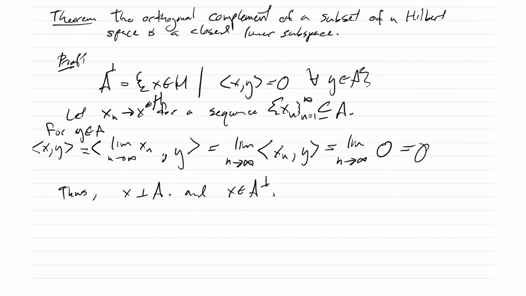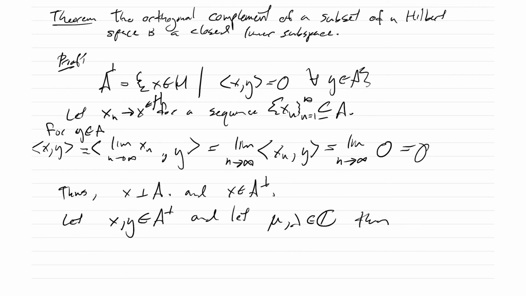All right, so now linear space, that's pretty straightforward. We're going to let x and y be in A perp, and let mu and lambda be complex scalars.